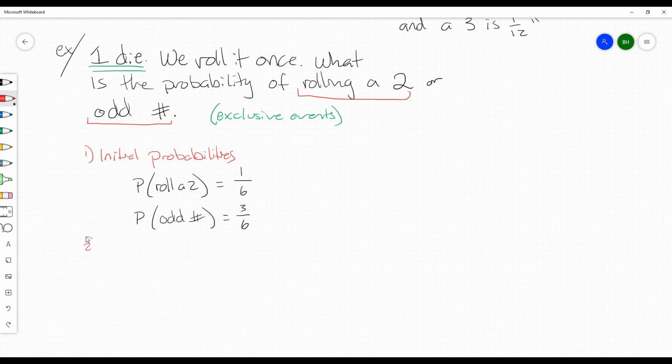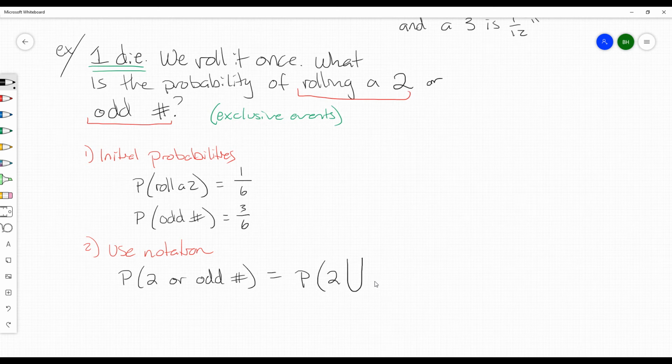Okay. Then using notation, we can convert this question, what is the probability that we roll a 2 or an odd number? Probability of a 2 or odd.